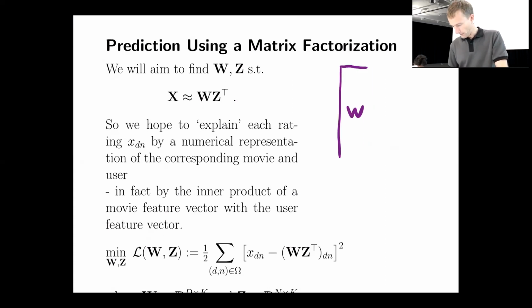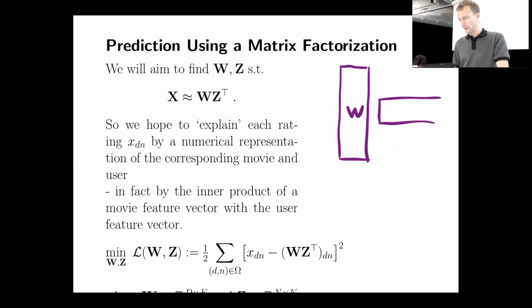And same for Z. So when you lay down Z by its transpose here, then maybe you want to find these matrices which have only K columns, a very small number of columns, like maybe 20 or 30 columns or so, and then this is D and this is N.